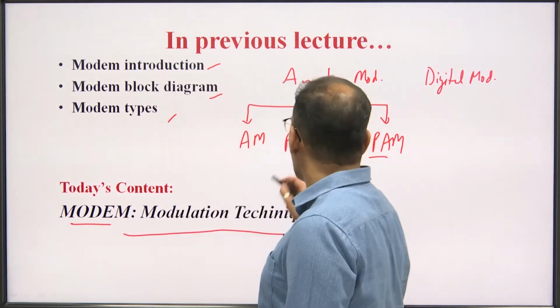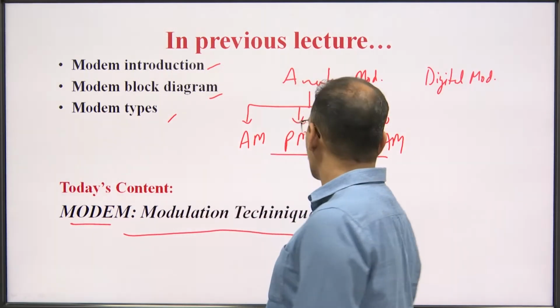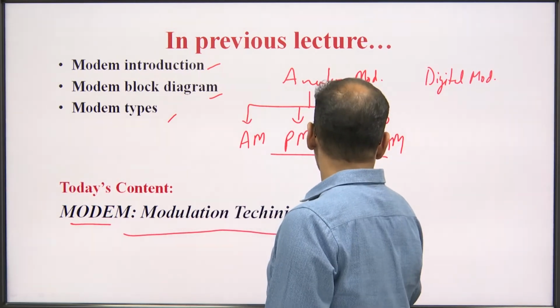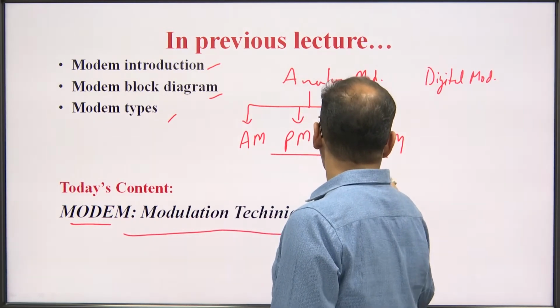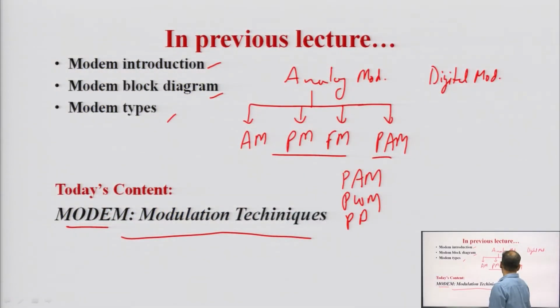So, these are the analog modulation schemes. Further, the pulse analog modulation schemes are divided into 3 types: pulse amplitude modulation, pulse width modulation and pulse position modulation.